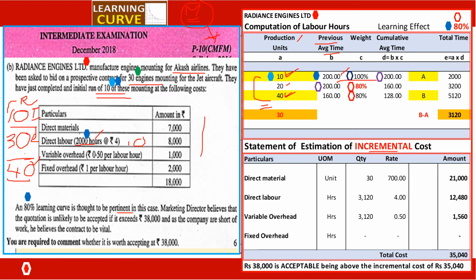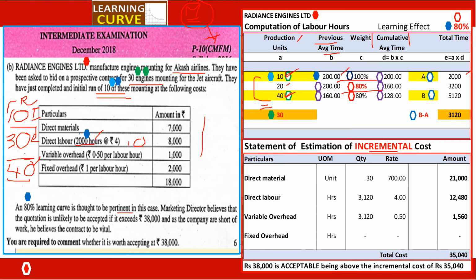It becomes 160. You move 160 as opening. At 40 level, 160 into 80% is 128. Now you have derived the cumulative average time. Next is simple posting. What is 30? 30 is the third level minus the first level. 40 minus 10 is 30. When it comes to values, now we have 200 into 10, 2000.